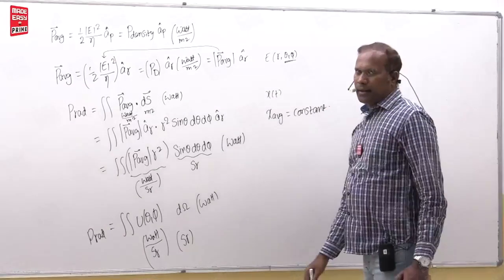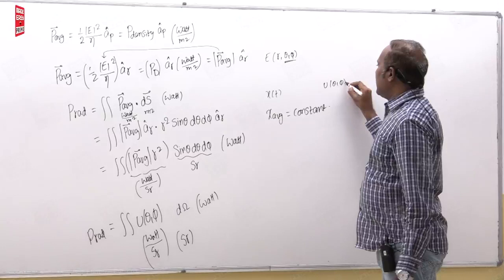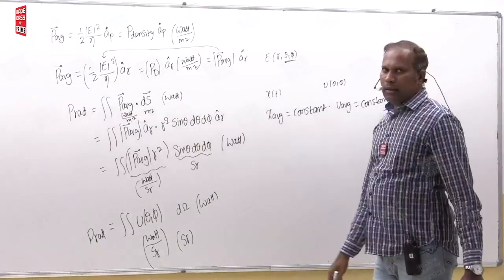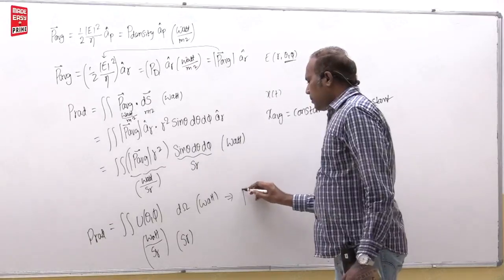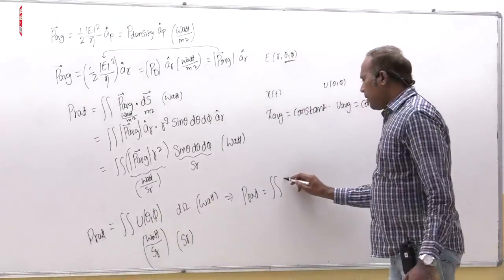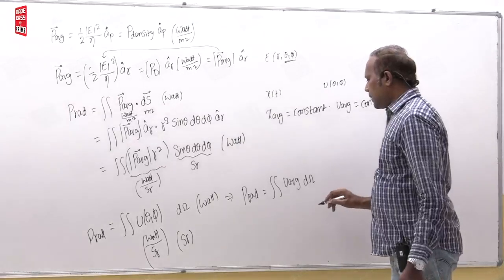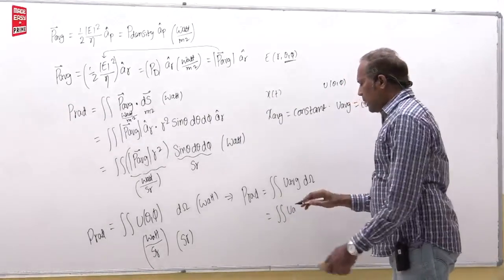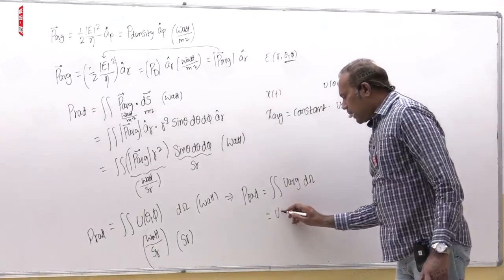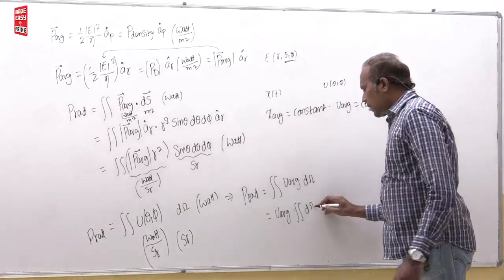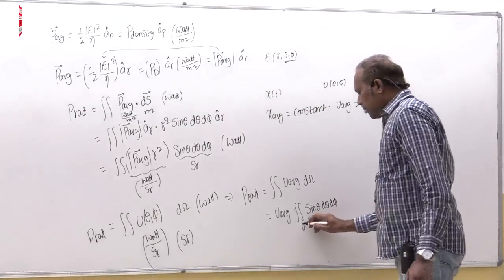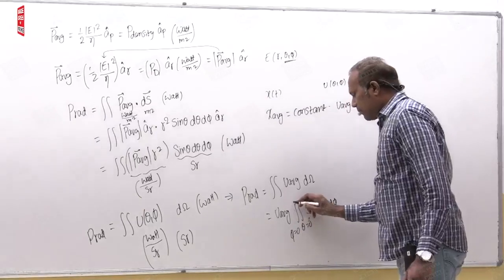Similarly, U(theta, phi) is variable, but the average value U is definitely constant. So in the power radiated formula, in place of the variable, you substitute the average radiation intensity. Since the average value is constant, it comes out: U avg times the double integral of d omega, which is sin theta d theta d phi, with theta from 0 to pi and phi from 0 to 2 pi.